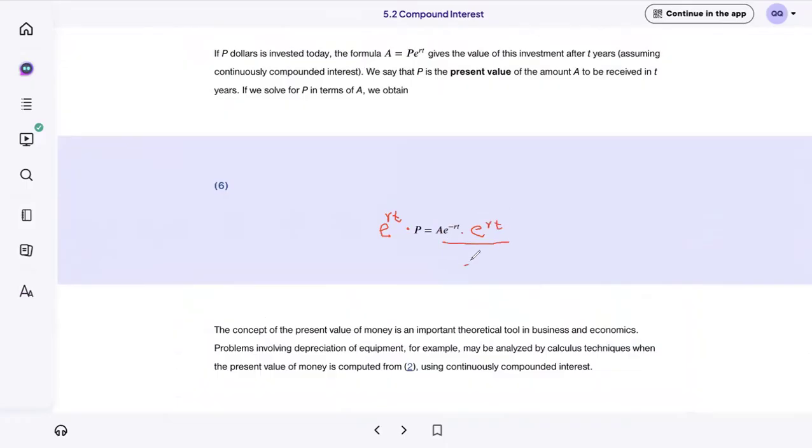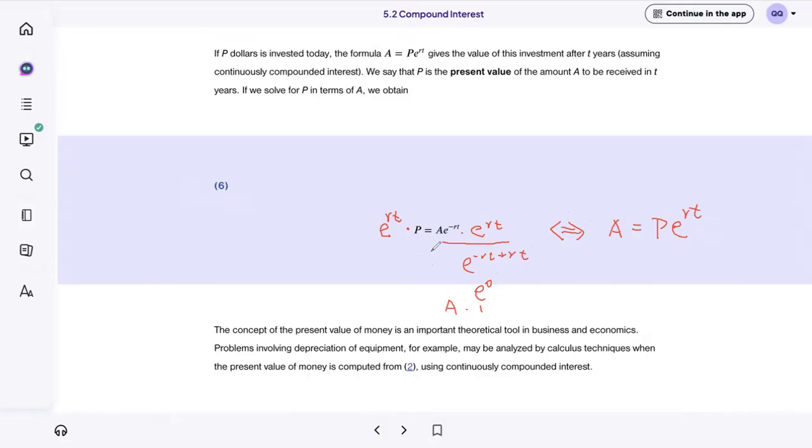Then these two terms, you see we have e raised to negative RT plus RT. That's e raised to 0, that's 1. So that's why this formula is equivalent to amount of money equals P, present value, times e raised to RT.